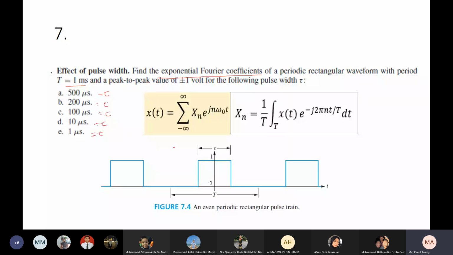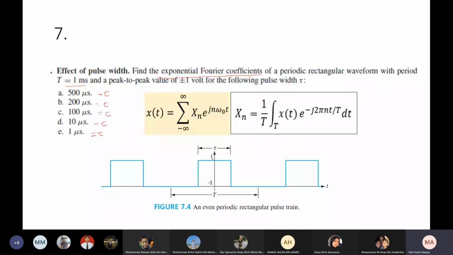So the exponential Fourier series is written in this form: x of t is equal to the summation from minus infinity to infinity of x of n e to the j n omega naught t, where xn is equal to 1 over T integration over the period T of x of t e to the minus j 2 pi n t over T dt.